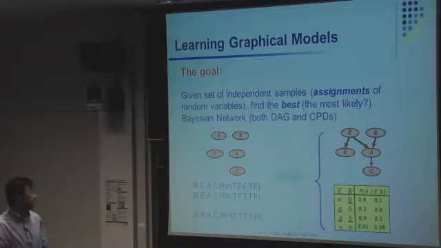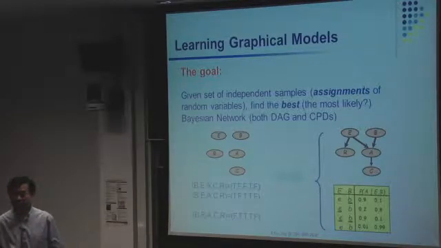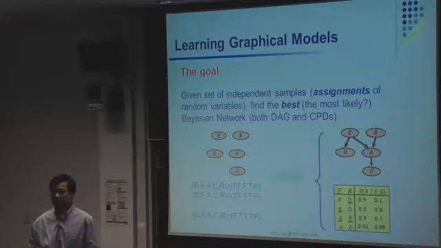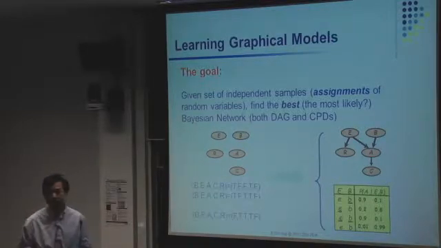And then we have a bunch of observations of the instantiation of every node. Learning amounts to the following question. We want to learn the topology of graphical variable dependencies, and also the parameterizations of the graphical model, which can be a conditional or marginal probability table, or it could be a potential function.